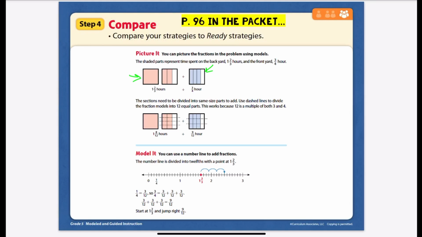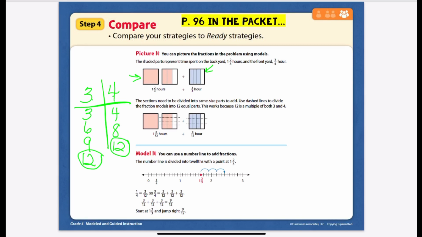Use dashed lines to divide the fraction models into 12 equal parts. That works because 12 is a multiple of both 3 and 4. So if we list our multiples of 3 and 4, it'd be 3, 6, 9, 12, and 4, 8, 12. The first one they have in common is 12. That is the least common denominator that we would use.